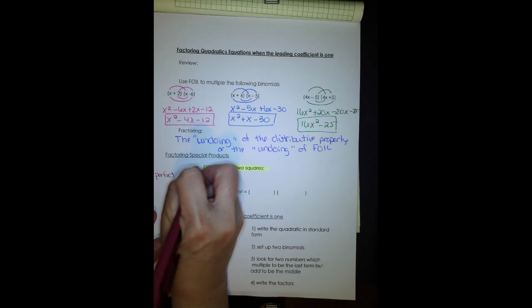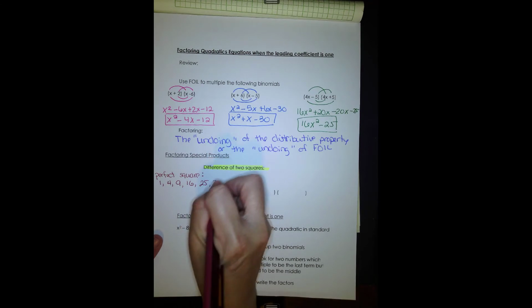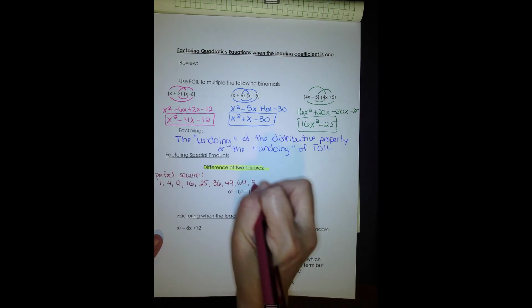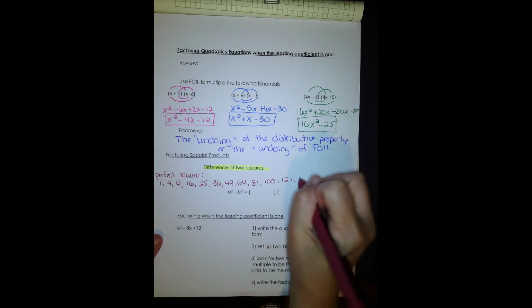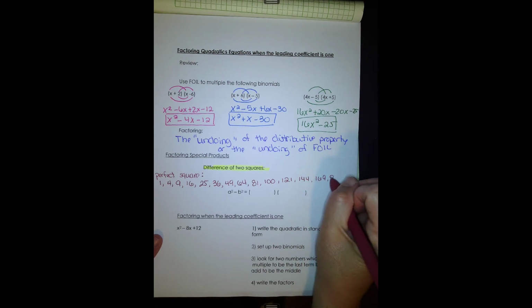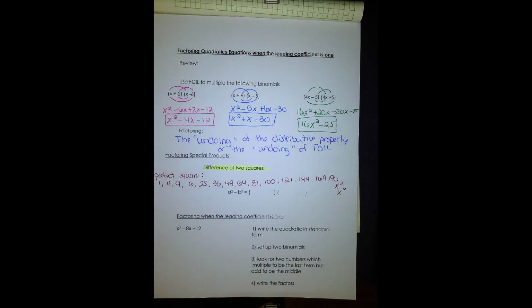So if we recall from way back, our perfect squares are going to be numbers like 1, 4, 9, 16, 25, 36, 49, 64, 81, 100, 121, 144, 169, 196, and then another perfect square is like x squared, or even x to the 4th, or x to the 6th, or x to the 8th.